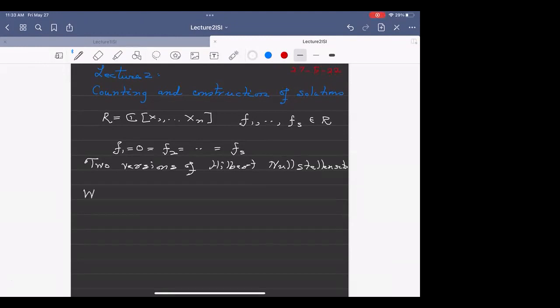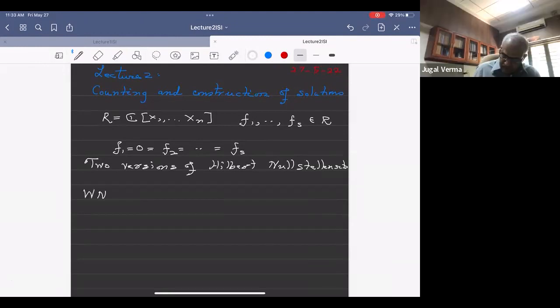The weak Nullstellensatz says the structure of maximal ideals.